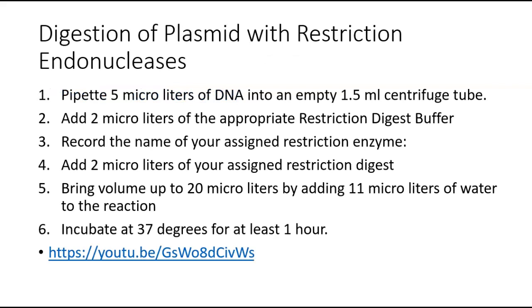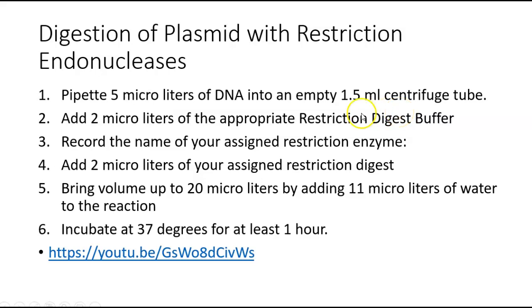So once we have this purified plasmid DNA, we want to use different restriction enzymes to see what type of DNA is in this plasmid. The steps are pretty simple, and I have another YouTube video here that goes through all the steps. You're basically just going to pipette 5 microliters of DNA into an empty 1.5 milliliter centrifuge tube.